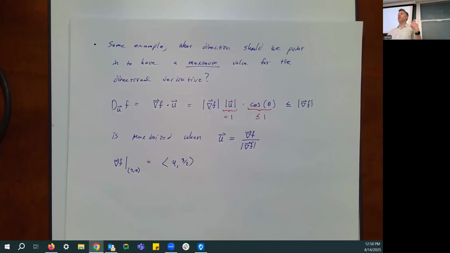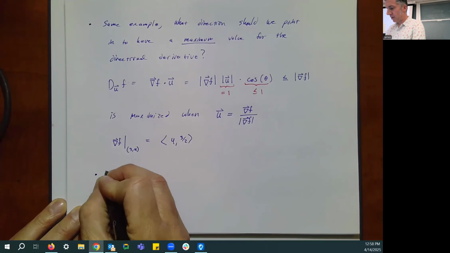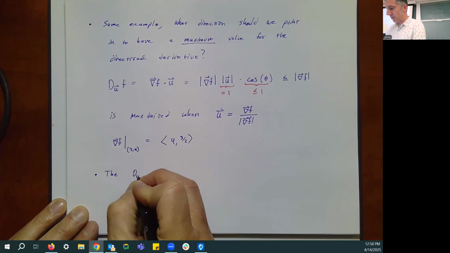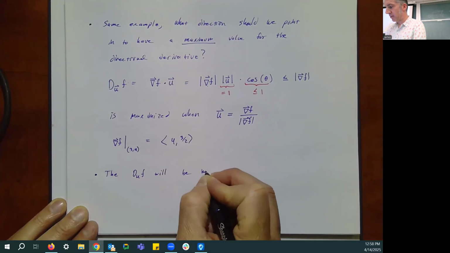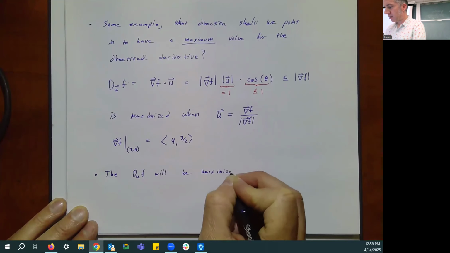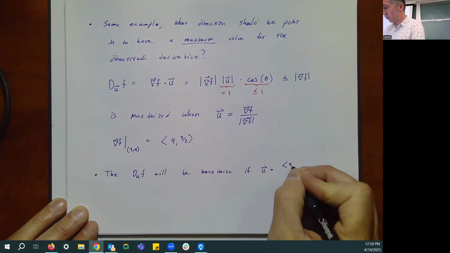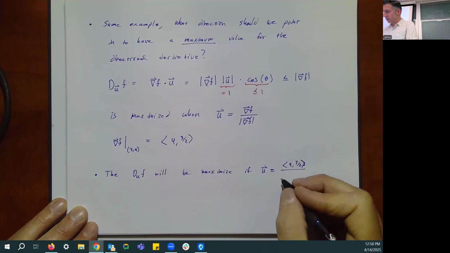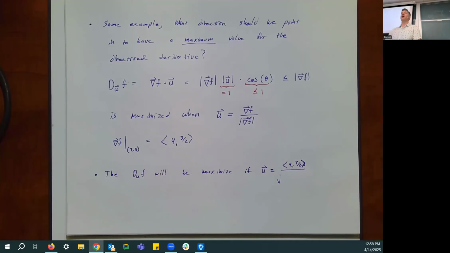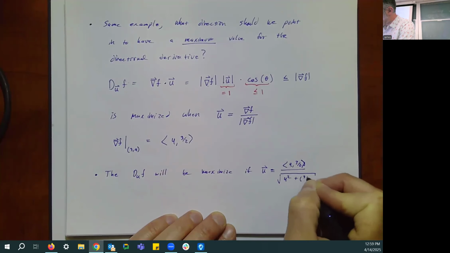So there's two things I want to say, and then we'll be done. Thing one, the directional derivative will be maximized if u is equal to that vector, 4, 3/2, divided by the magnitude of that. So here's where I did something I could have done better. I made 4 squared plus 3/2 squared.